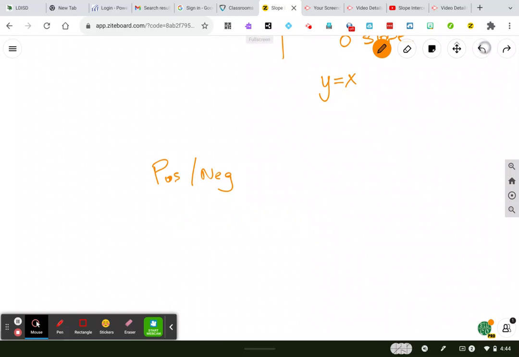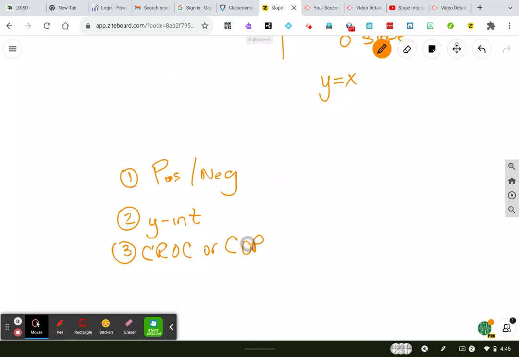I want you to tell me if it's positive or negative. I want you to tell me the y-intercept. I want you to tell me if it's a constant rate of change or a constant of proportionality. So in other words, if it's y equals mx plus b or y equals mx. And then I want you to write an equation.